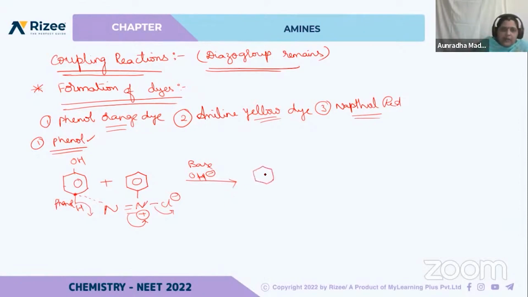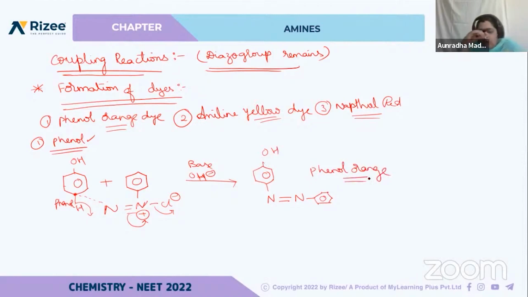So what happens here? The same phenol group remains intact. And this one, N double bond N. Here there is no Cl minus. This N is attached to the aryl group.